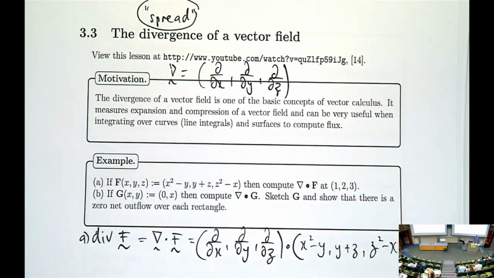So, can anyone remember how we do a dot product or a scalar product? I've forgotten. Can anyone remember? It's not a trick question. You just multiply the corresponding x, y, z of the two vectors.